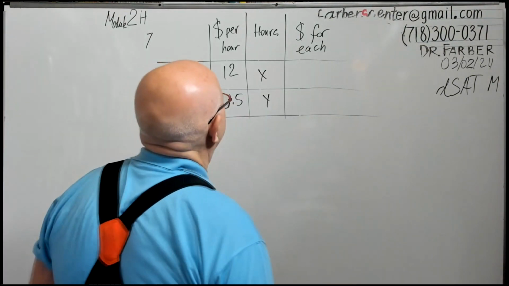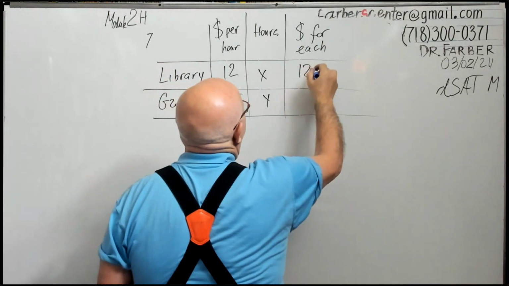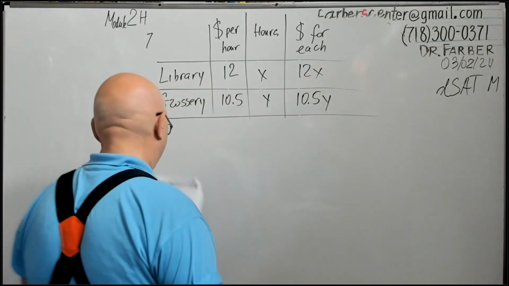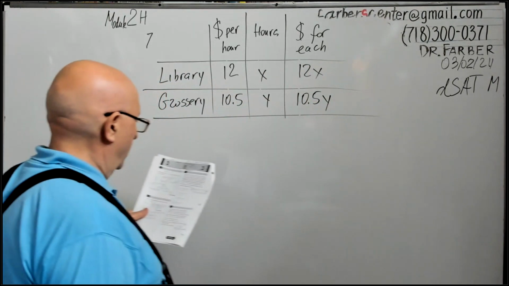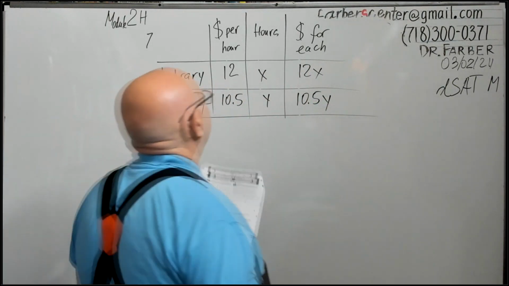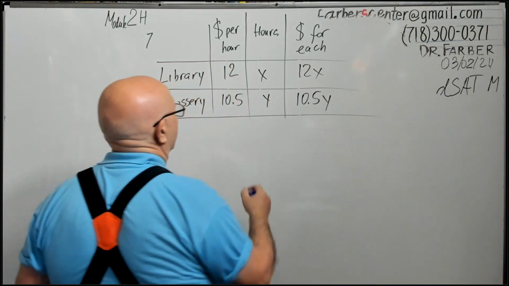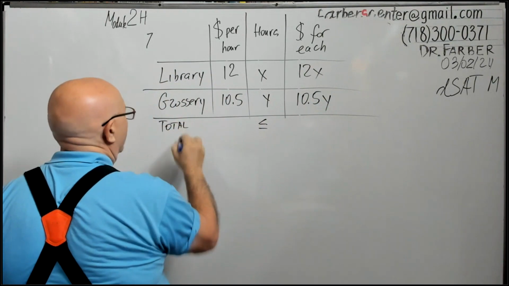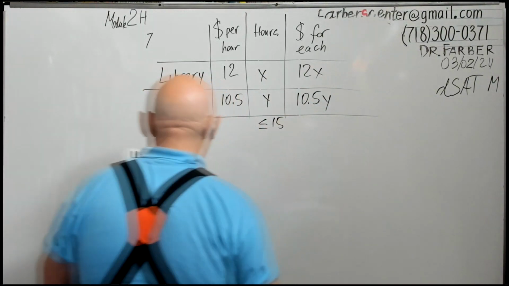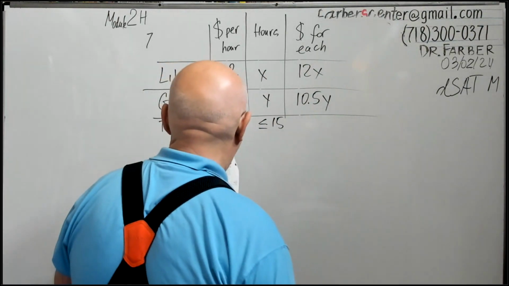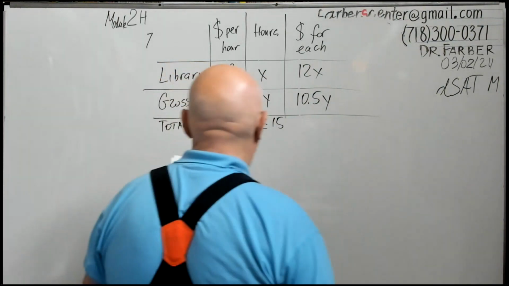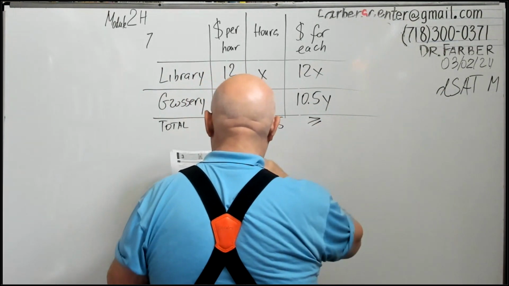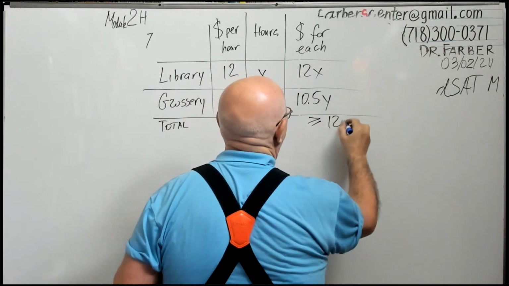Usually this column is the product of these two, 12x and 10.5y. In addition, they said the total amount of hours for this person is supposed to be less than or equal to 15. This is the total. What about money? And dollars for each of these is supposed to be greater than or equal to 120.